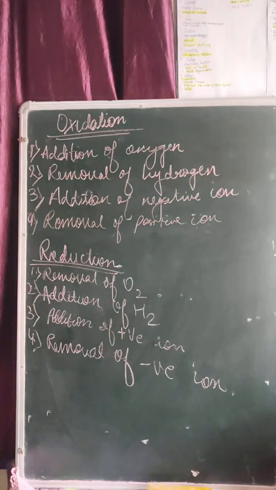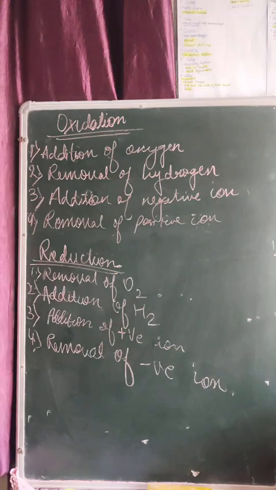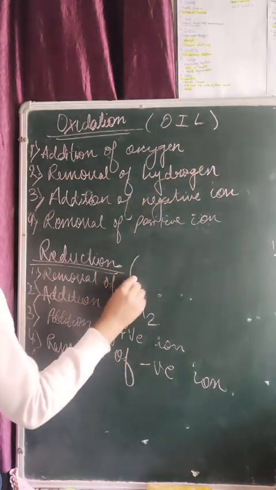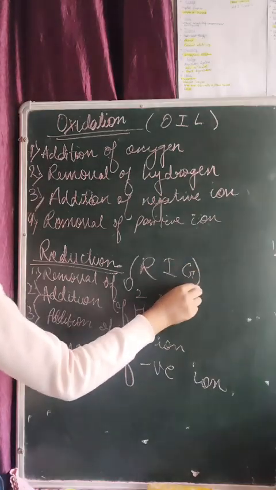In the opposite case, that is removal of oxygen, addition of hydrogen, addition of a positive ion and removal of a negative ion, this will be reduction. There is a simple trick: oxidation is losing and reduction is gaining.